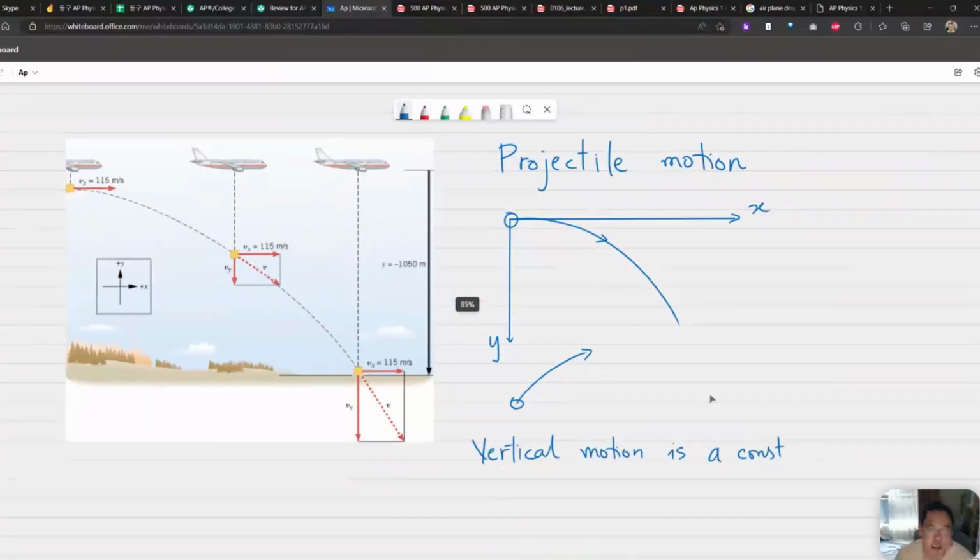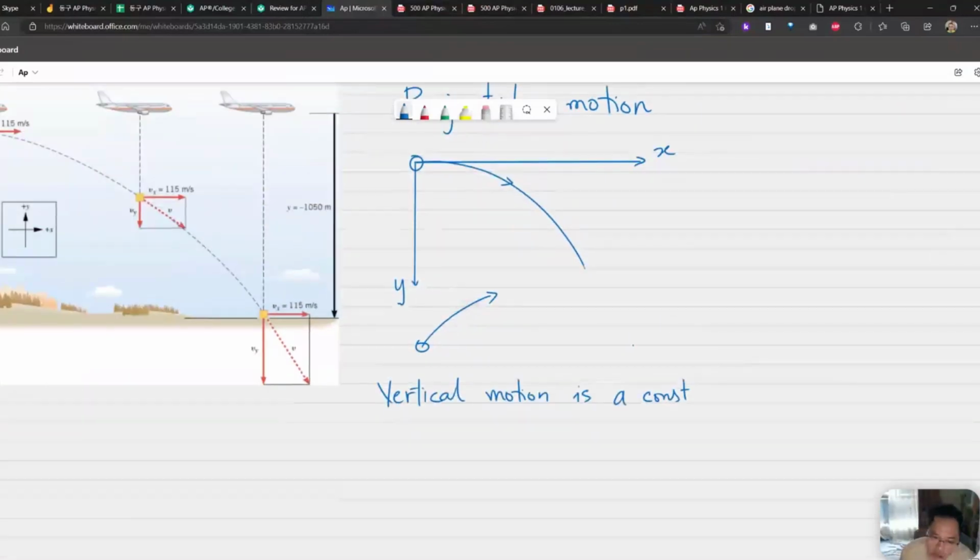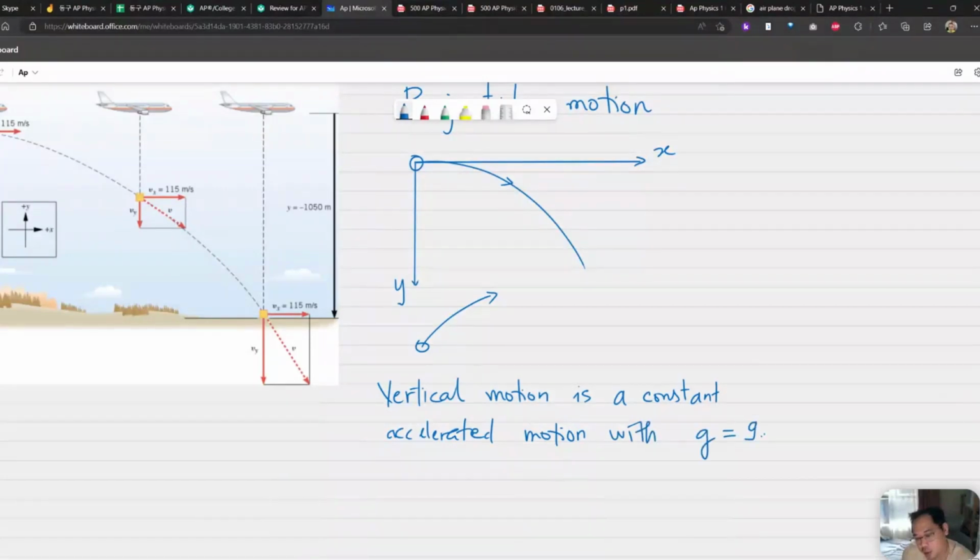It means that the acceleration in the vertical direction is constant, and its value is the free fall acceleration, which is 9.8 meters per second squared. This is called free fall acceleration, g equal to 9.8 meters per second squared.